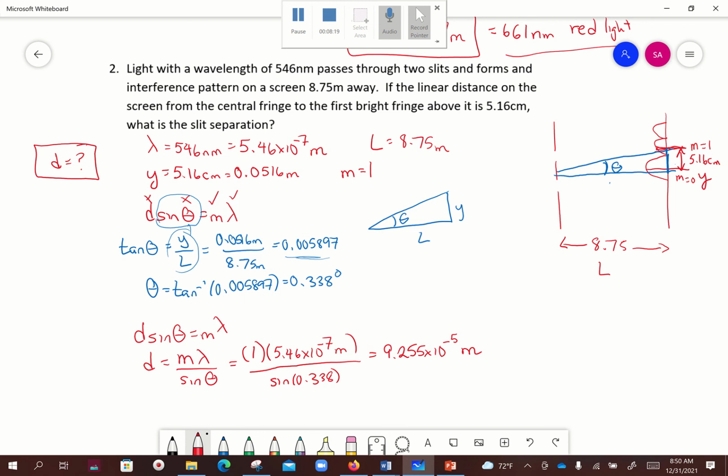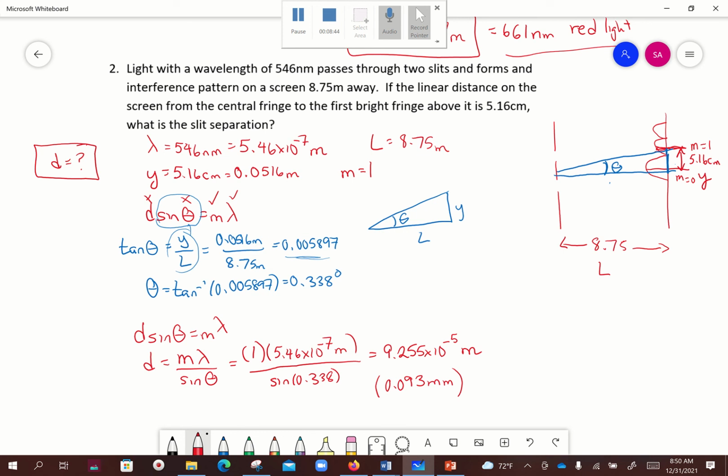That's about 1/10 of a millimeter, very small, about the diameter of one of your hairs. So it's a very small separation between the two slits that causes light to diffract. Like the first problem, if they had the slit separation in millimeters, that'd be 0.093 millimeters.